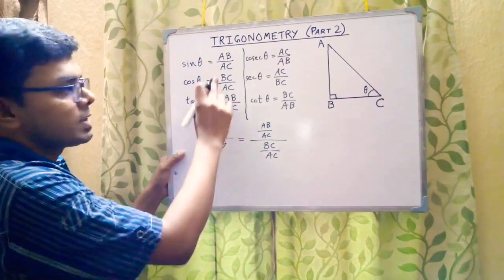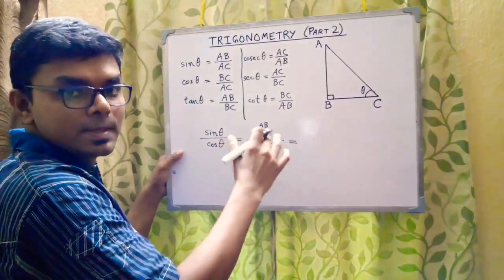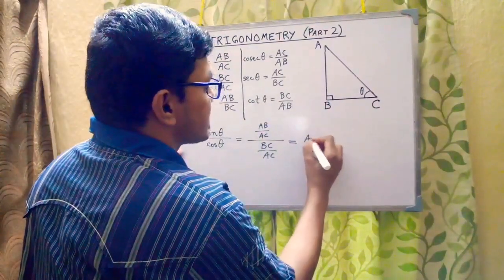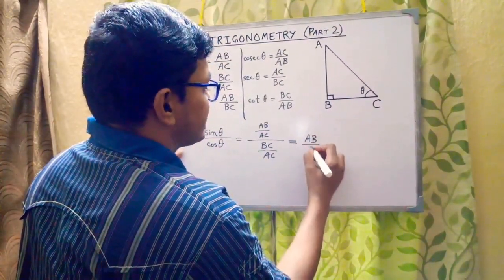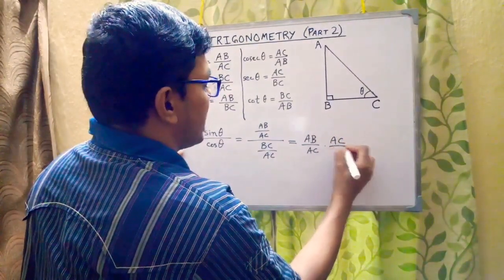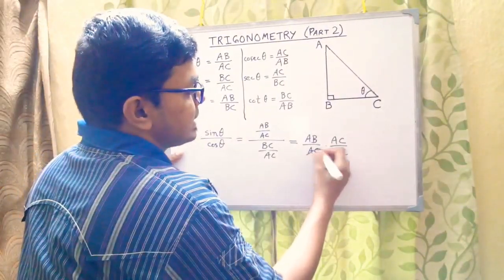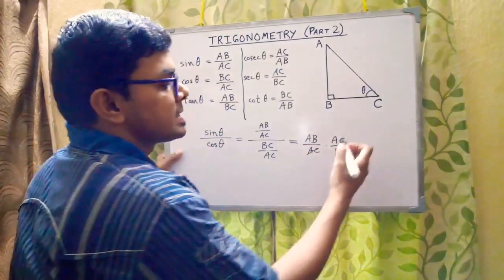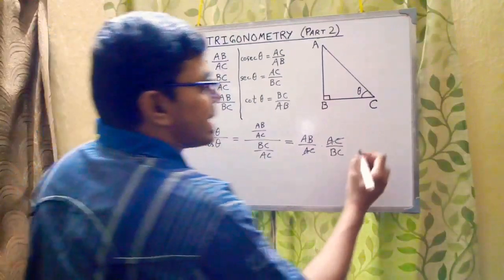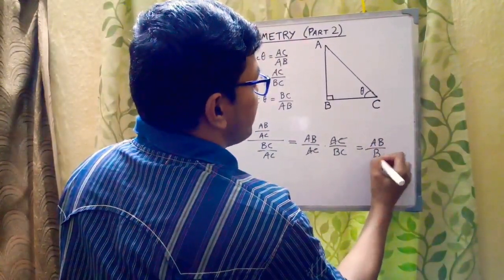In place of cos theta I have written BC by AC. If we simplify this fraction, it comes out to be AB by AC into AC by BC. Now the lengths AC and AC cancel out, and we are left with AB by BC.